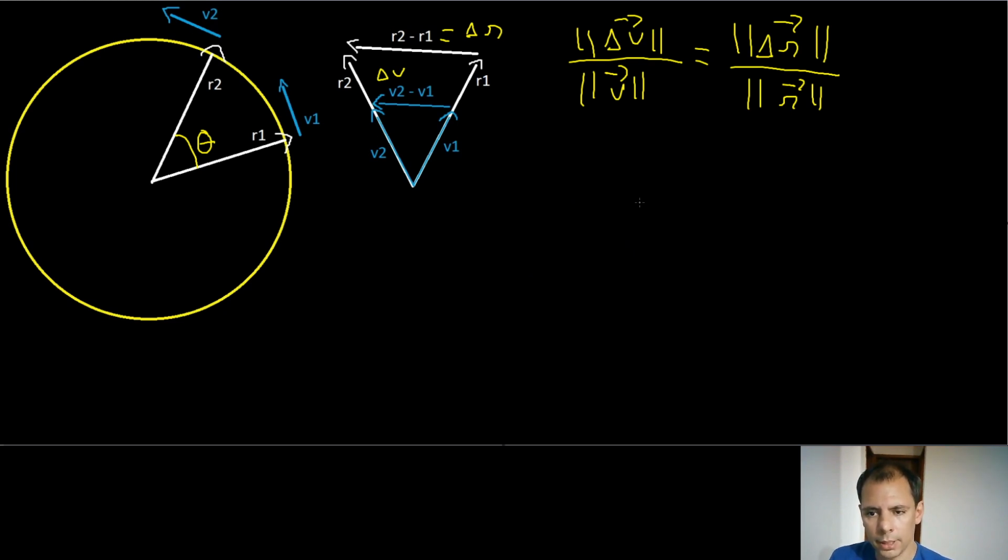I'm going to isolate this thing right here. I'm going to put this stuff over here. I don't know if this is going to work out. I hope it does. Just going to bring this stuff over here. Here you go.